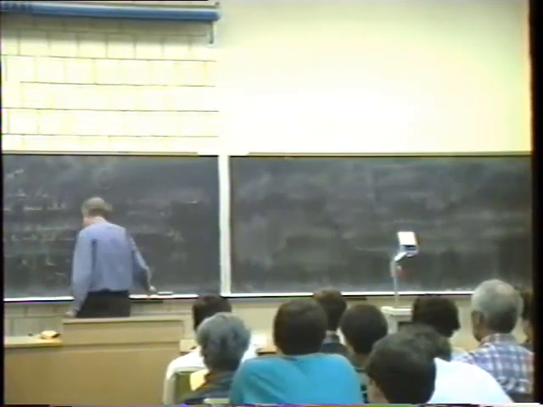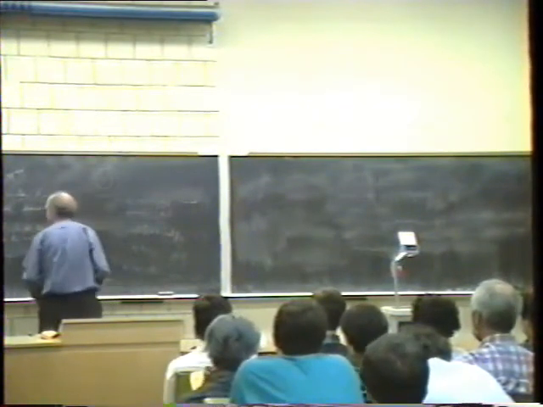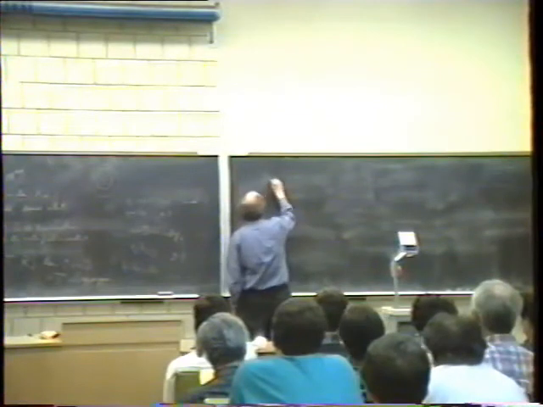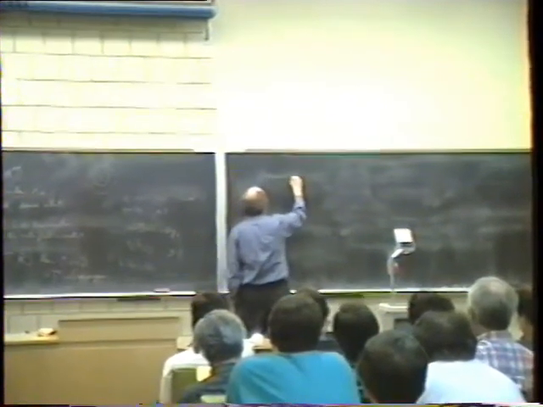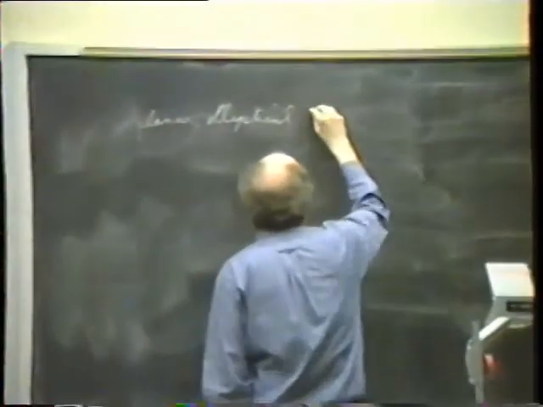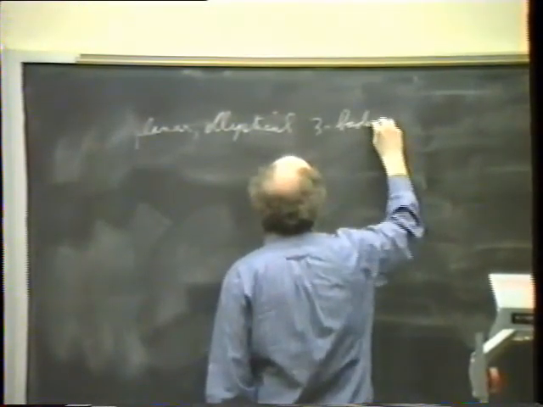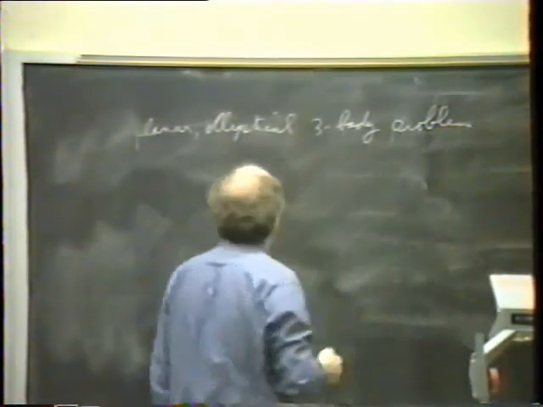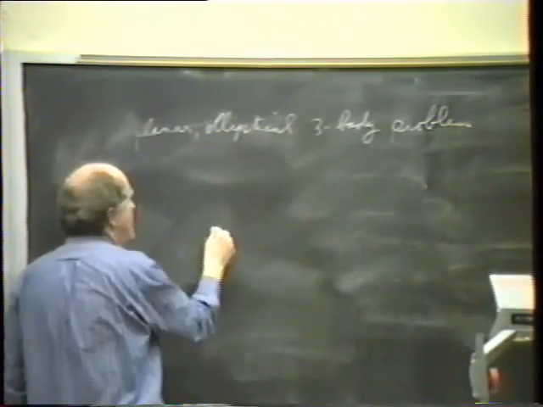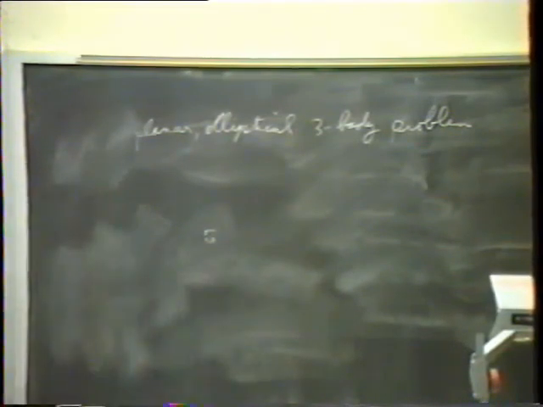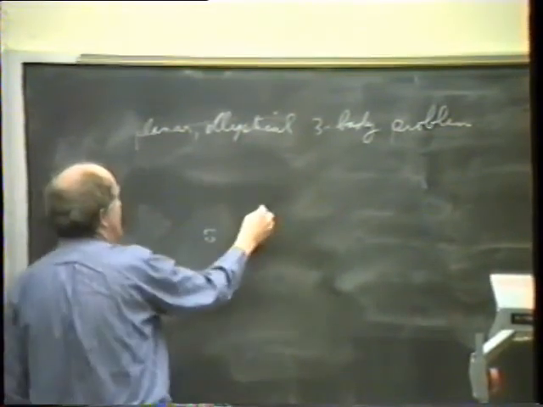The conjecture is that we replace the planar circular 3-body problem with a planar elliptical 3-body problem. So it's exactly the same as before, except that the 2 bodies with positive mass go around each other in an ellipse. And then again you have this 3rd body.